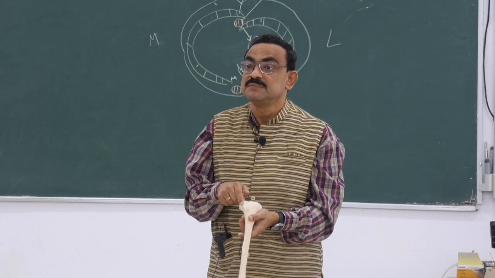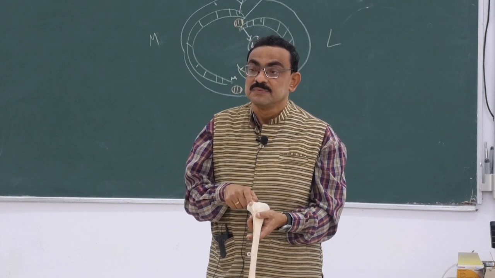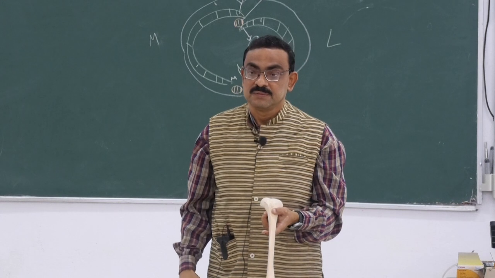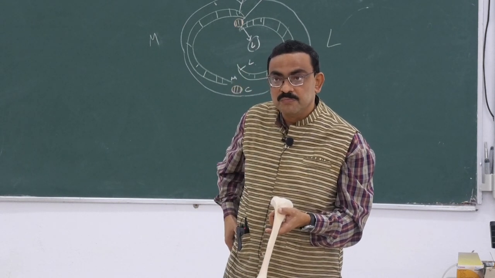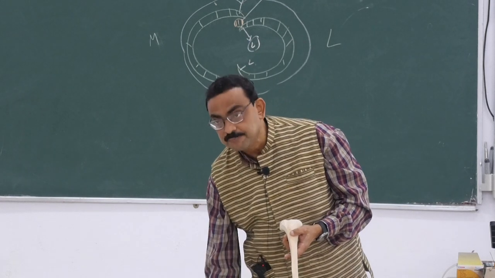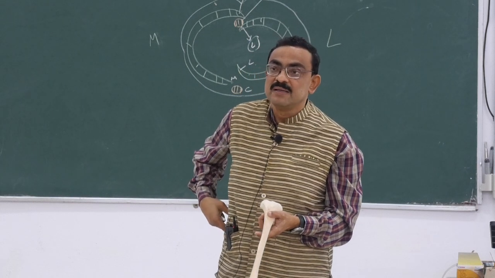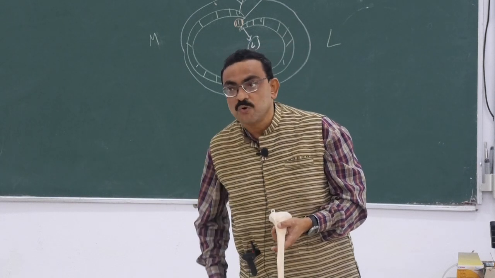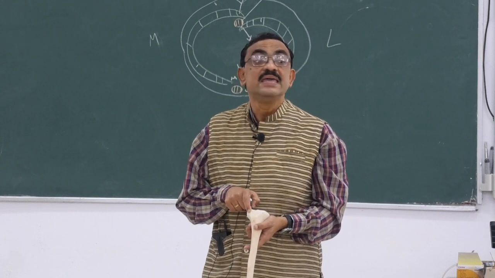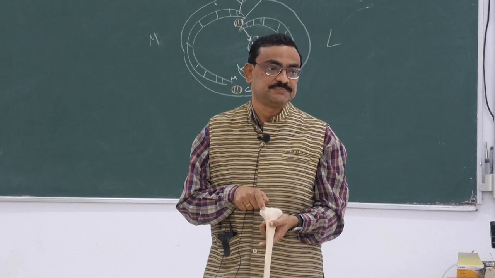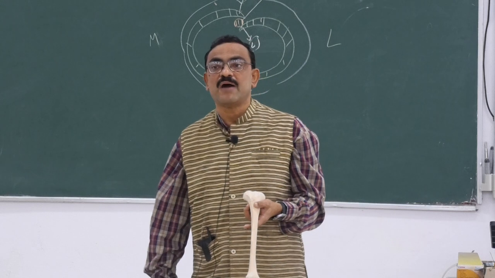This is for attachment of one tract, which starts from the hip bone and goes up to this tibia. From the ilium of the hip bone, this tract goes down and gets its attachment here. This is called the iliotibial tract. It is nothing but the deep fascia of our thigh.